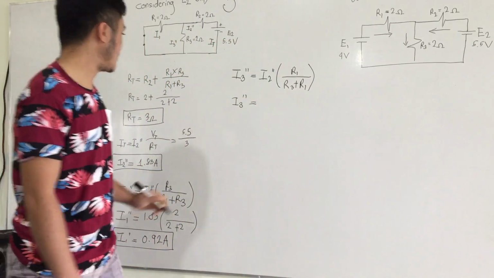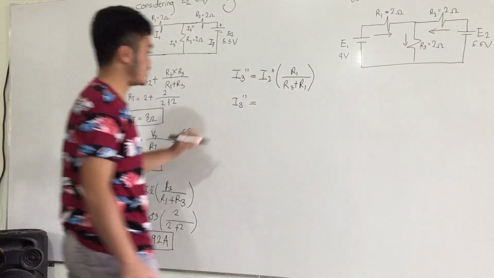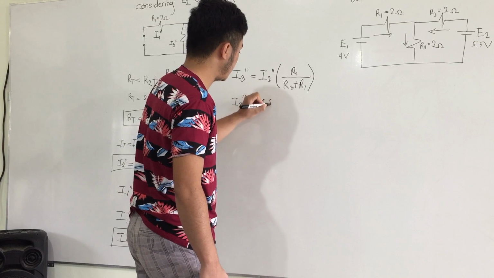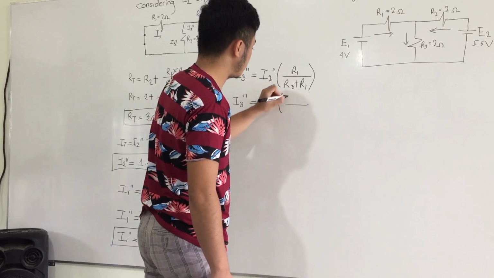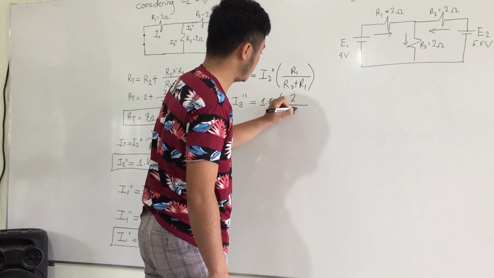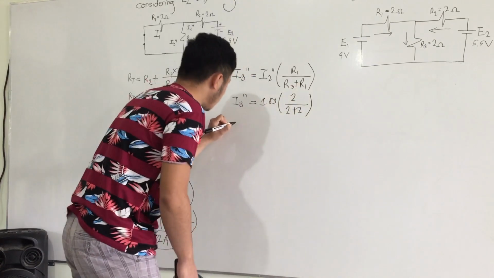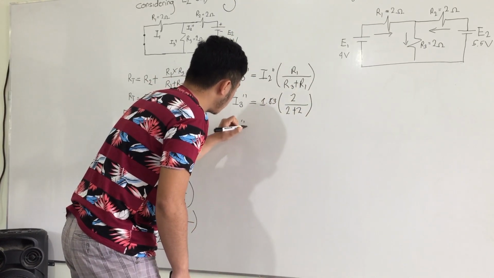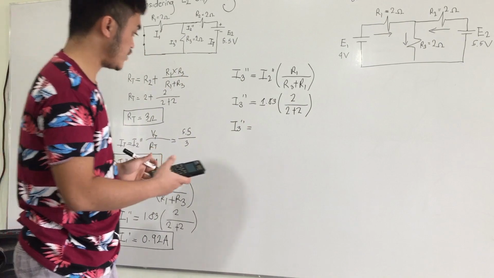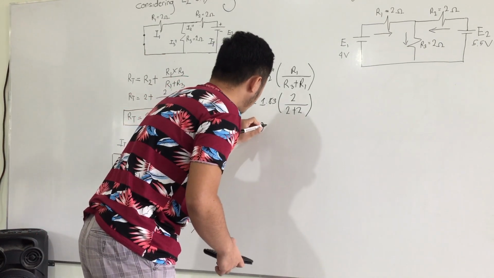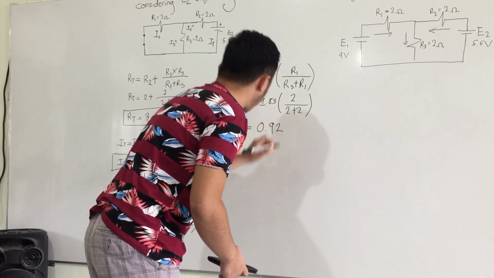By substitution, we have I sub 2 double prime, that is 1.83 ampere, times 2 over by 4. 0.92 ampere also.